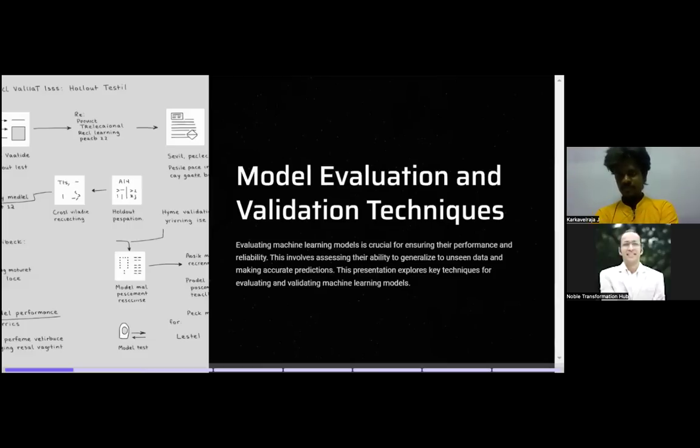Performance and reliability are very important for model evaluation and validation, whatever techniques we use.